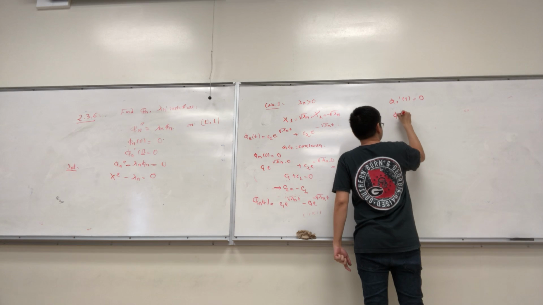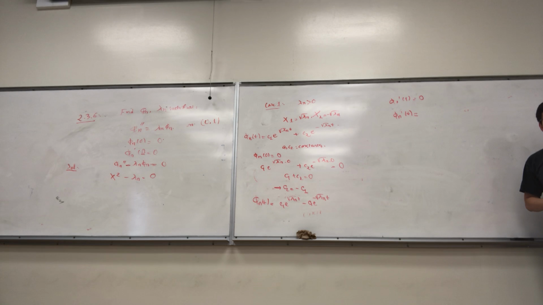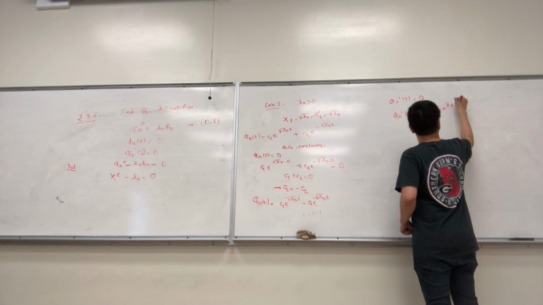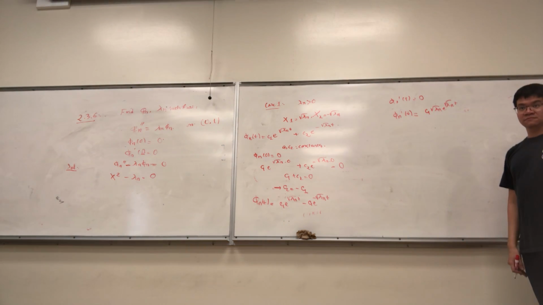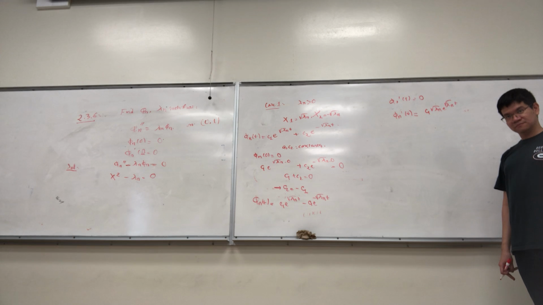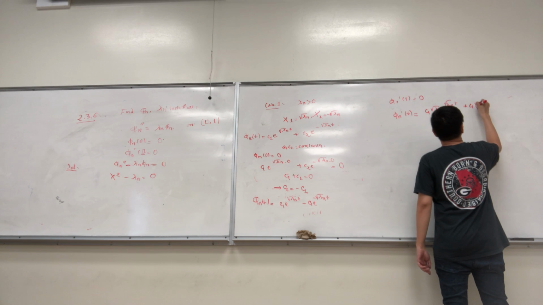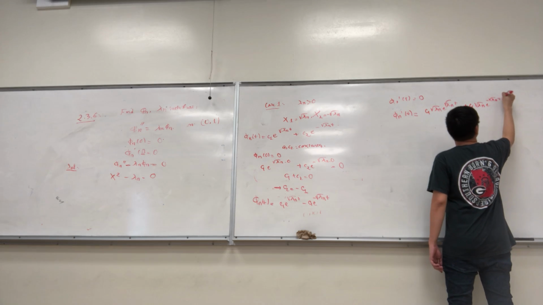So phi n prime at t will be, what is phi n prime at t? It would be C1 times root lambda n e to the root lambda n t plus C1 root lambda n times e to the negative root lambda n t.